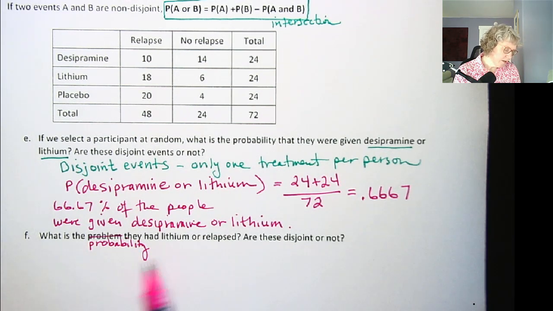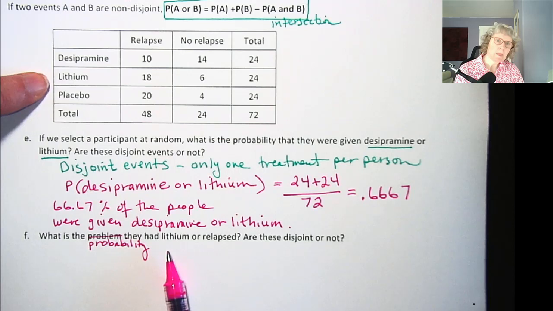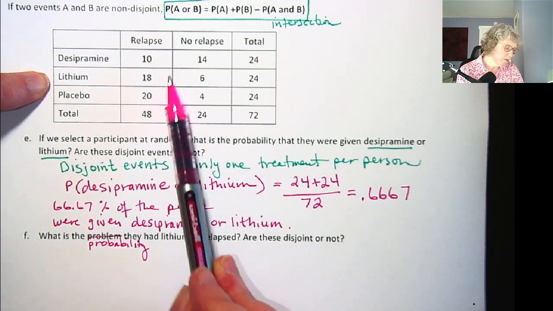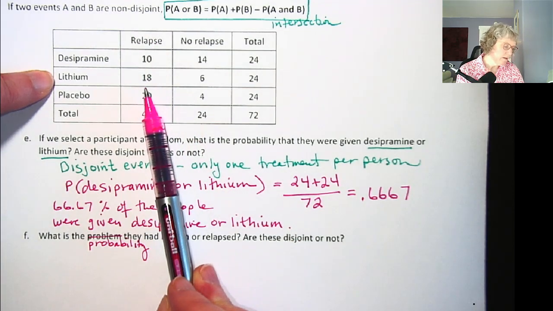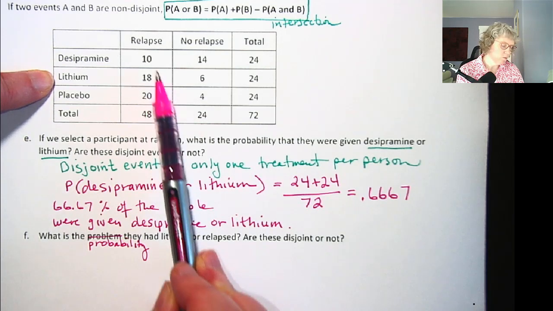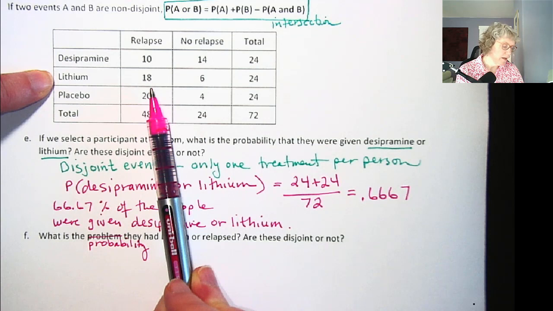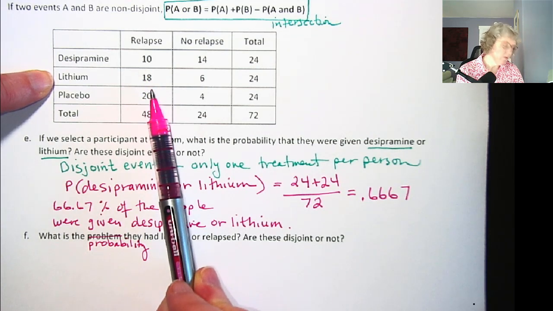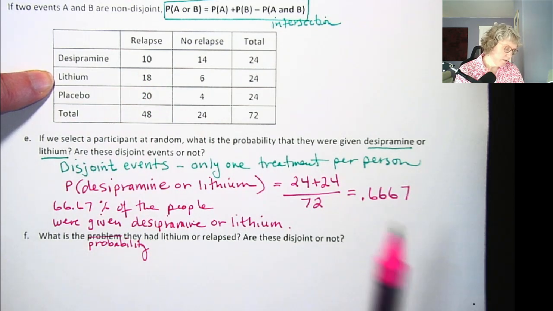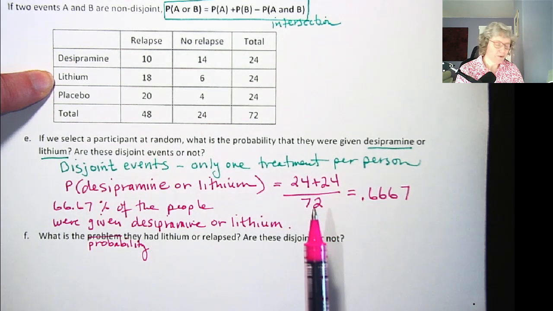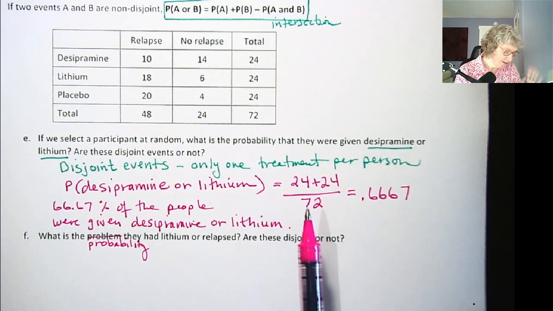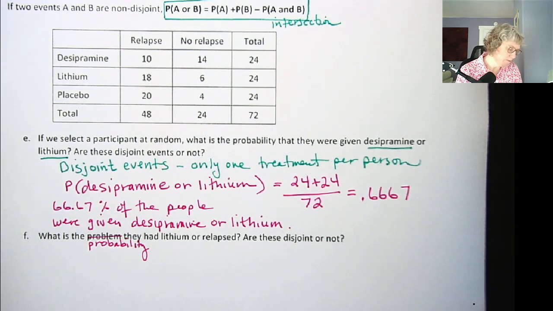So let's look and see. Lithium or relapsed. If there was a 0 there, then they would be disjoint because there wouldn't be anyone where both of those happened. But since we have 18 people, they are not disjoint. It's a negative word, so it's a double negative.